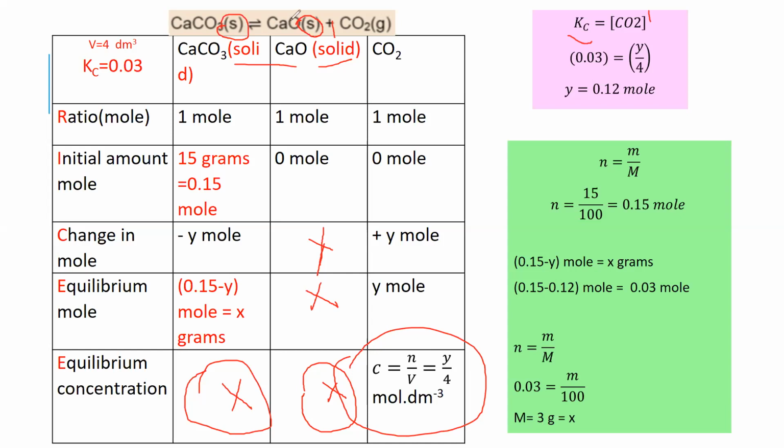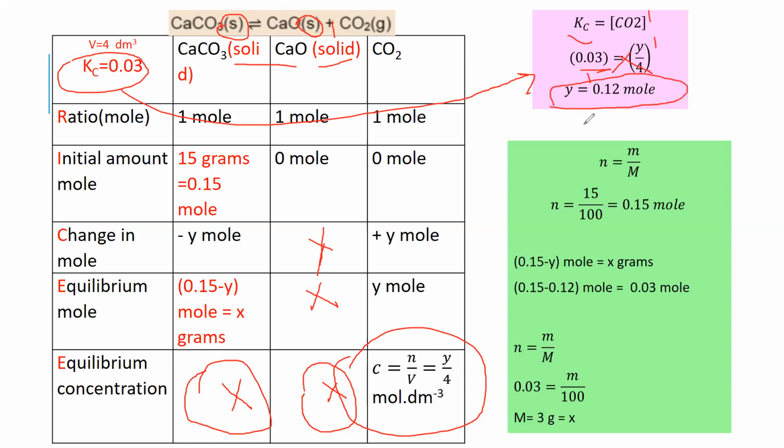So Y over 4 is the concentration of carbon dioxide at equilibrium, power is 1, is equal to 0.03, which is given in the question. And then if you do cross multiplication easily, there's always 1 in the denominator, and Y is equal to 4 times 0.03, that's going to be Y is equal to 0.12 moles.